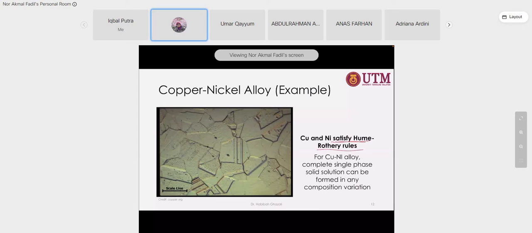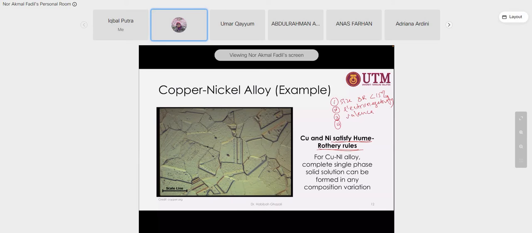You can go back to chapter 3. Number 1, the size difference, the difference in the radius of the atoms, is less than 15%. Number 2, electronegativity is identical. The valence is almost similar.